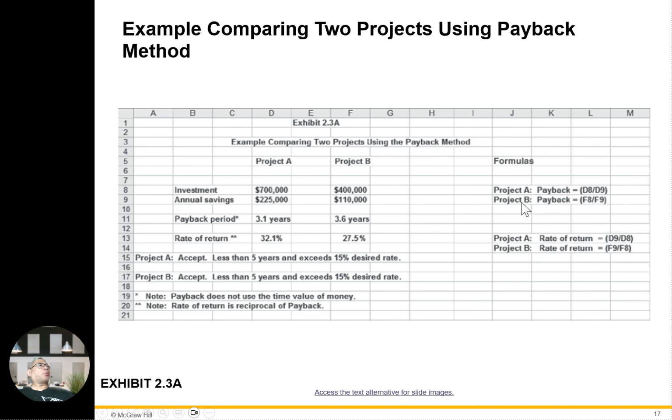These are the formulas given to you. Project A is D8 divided by D9. Okay, that is the formula for project A. Project B will be F8 divided by F9. So project A is accepted, less than 5 years, exceeding the 15% desired rate. Project B is also accepted, less than 5 years, exceeding 15%. This is the result of the two projects using the payback method.